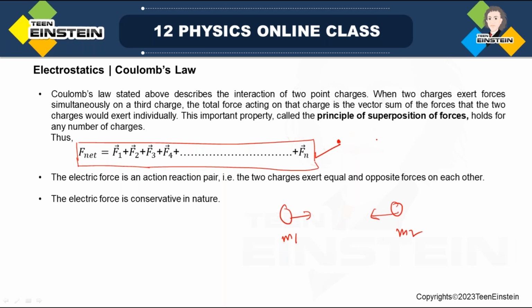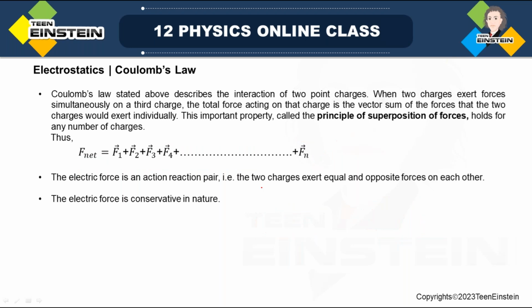In this case also, attraction by this and attraction by this act together, at the same time. These forces are actually called interaction, electrostatic interaction. Electrostatic interaction is always in pair.